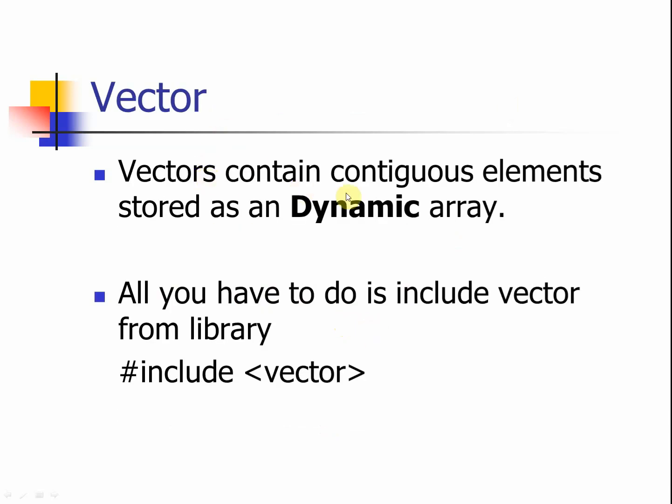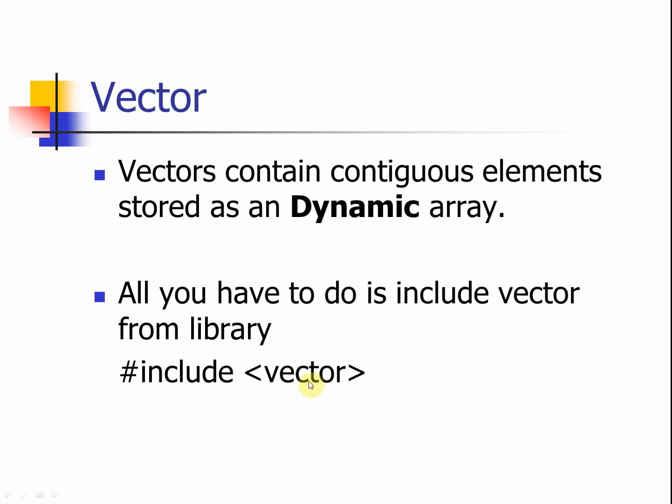A vector contains contiguous elements stored as a dynamic array. This dynamic is the key difference between the vector versus array. In order to use the vector, in the beginning of your program, you need to include the vector library so that you will be able to use all the functionalities provided by vector.